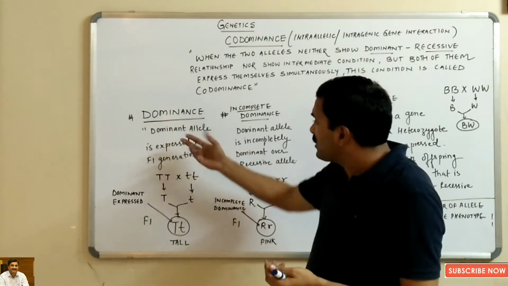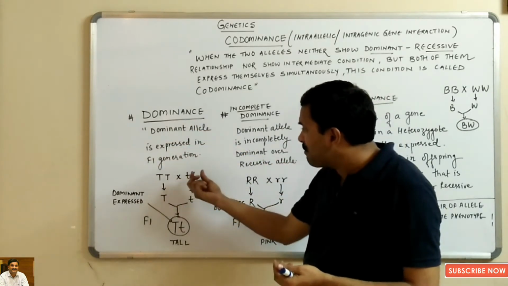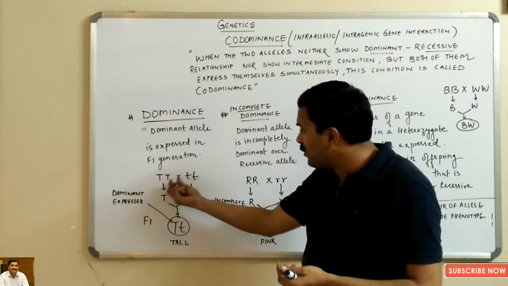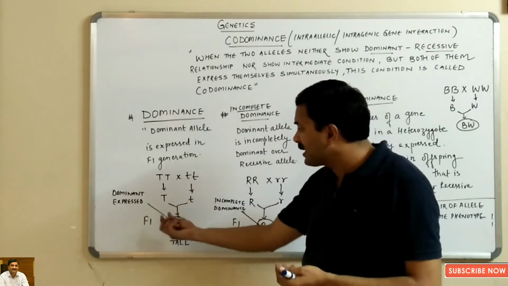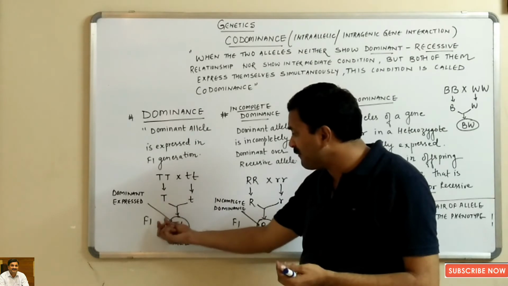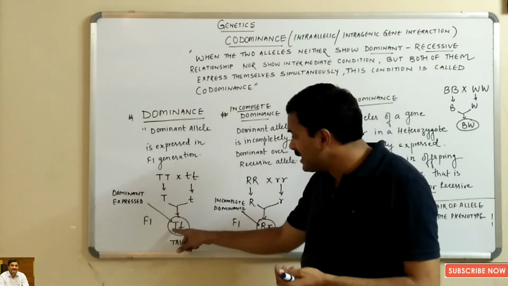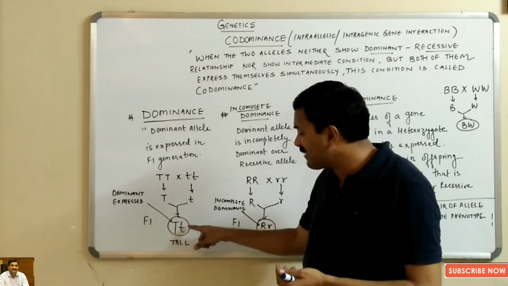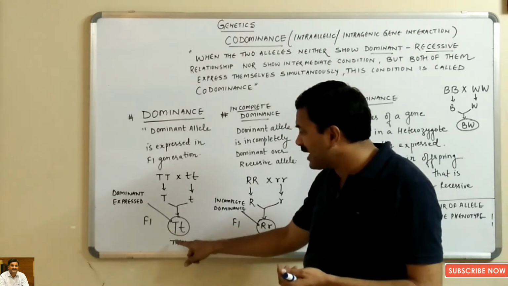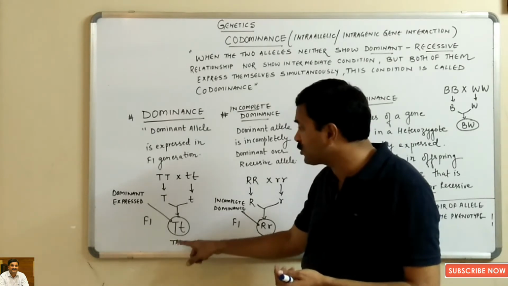In the cross done by Mendel, when tall was crossed with dwarf, what we have viewed in the F1 generation is that the dominant allele was fully dominant over the recessive allele, and that's why we got all tall plants.